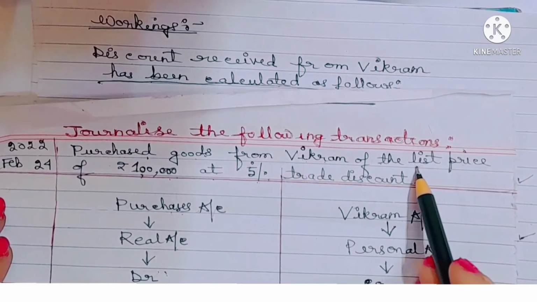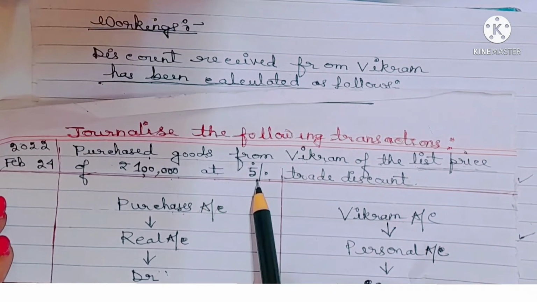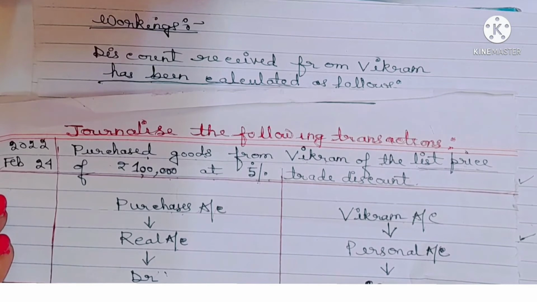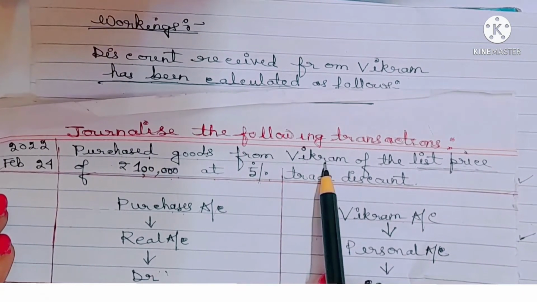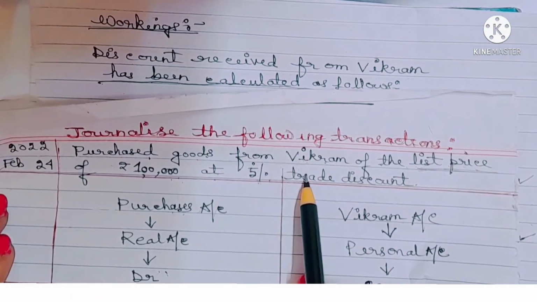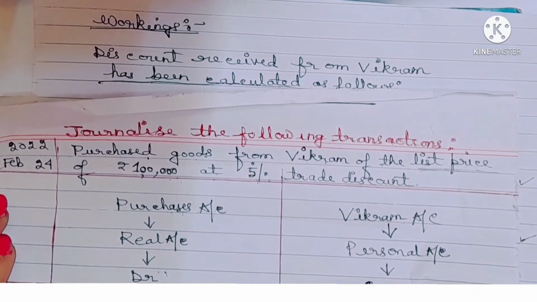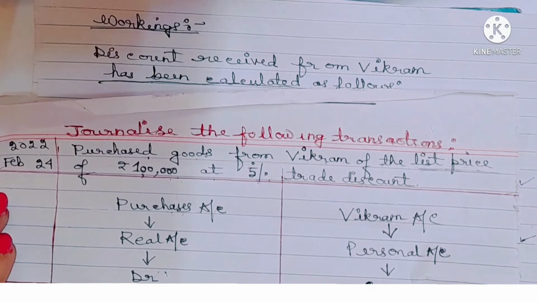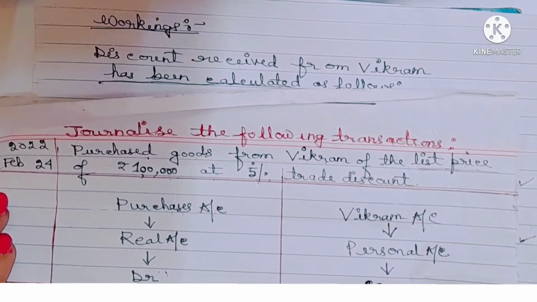See, list price has been mentioned. Whenever list price is mentioned, you have to deduct trade discount. In the first transaction, when we purchase goods from Vikram of the list price, we deduct 5% trade discount. And when we return goods also, we deduct 5% trade discount.